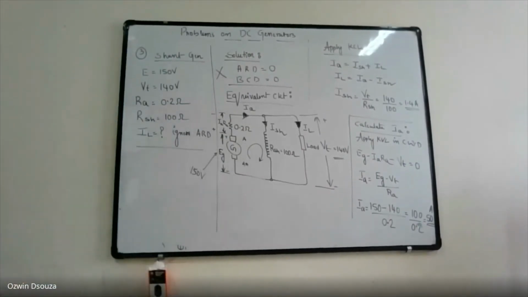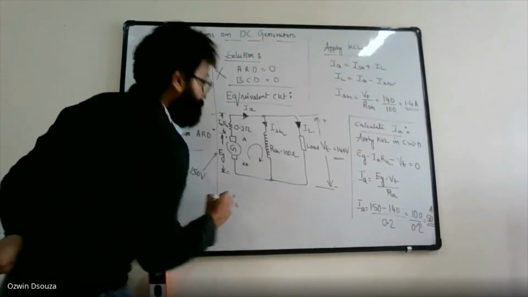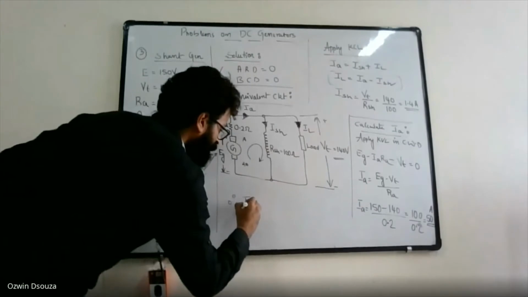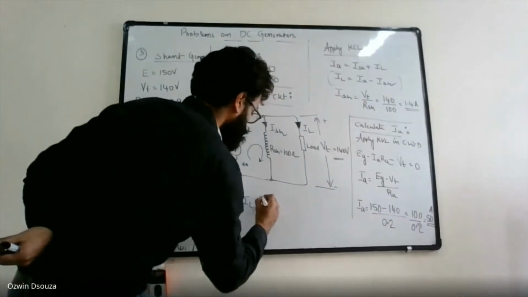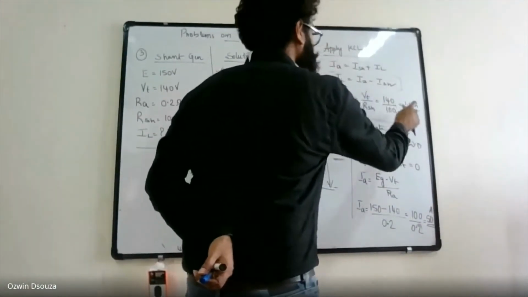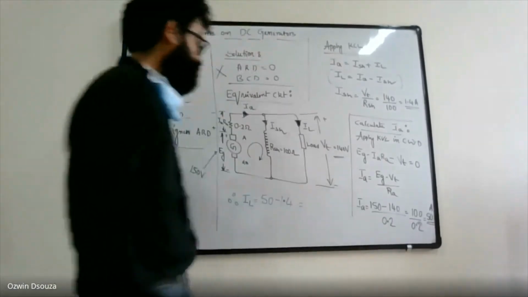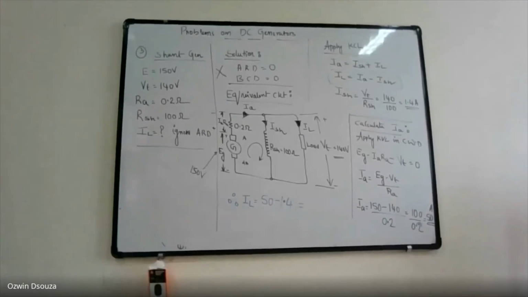Therefore, load current IL is equal to 50 minus ISH, which is 1.4. So that is 48.6.